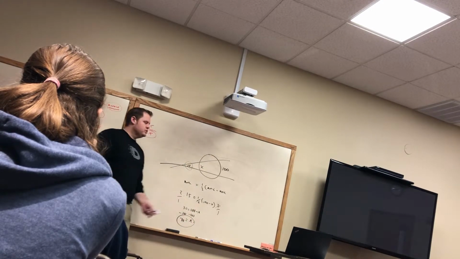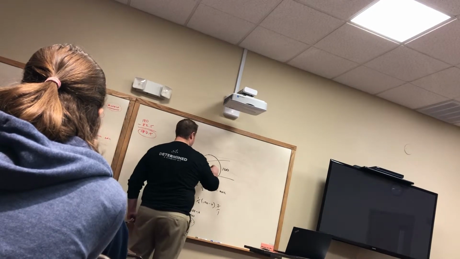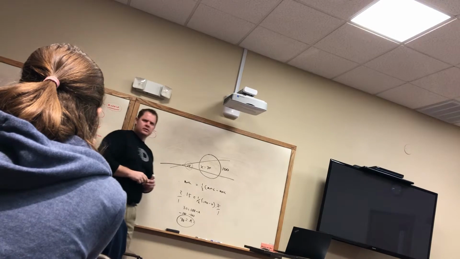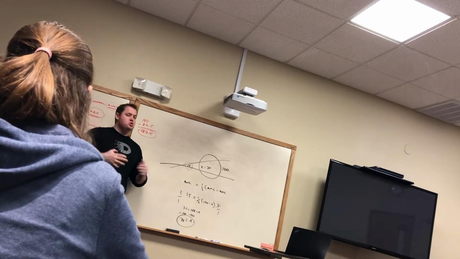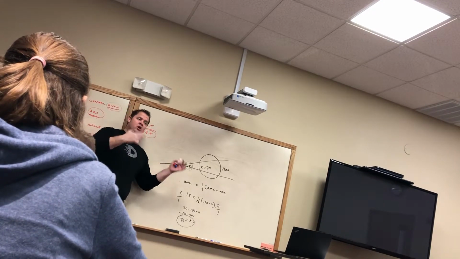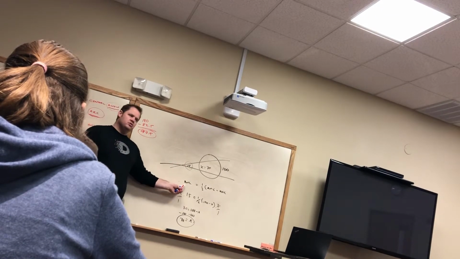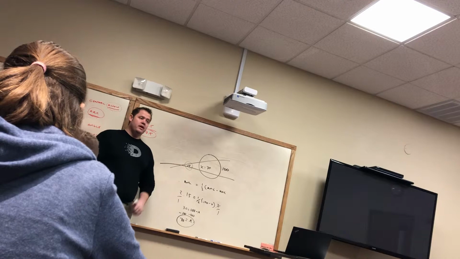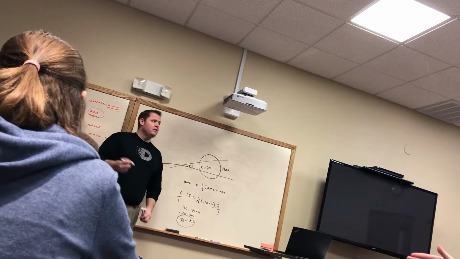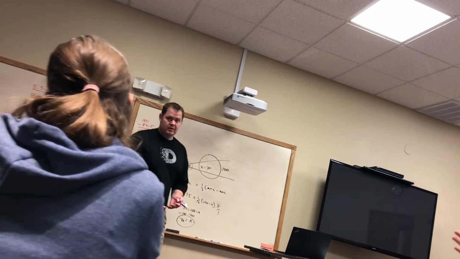So what's my arc? 70. Is everybody following this? You can do these. Whether you have the arc or whether you have the angle, you can solve them. You just have to use this equation, or use the other equation if it's on or in. Does everybody understand that?